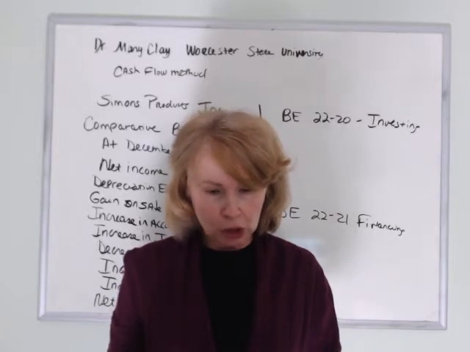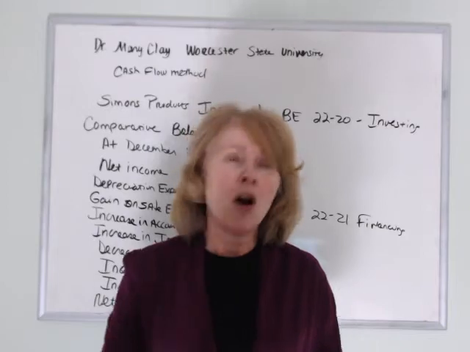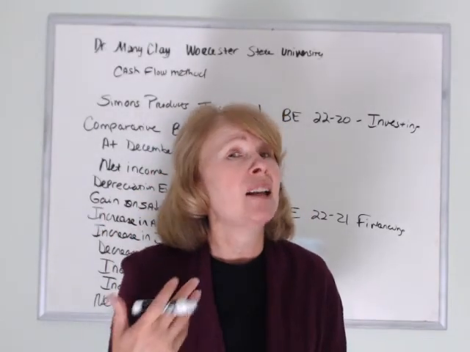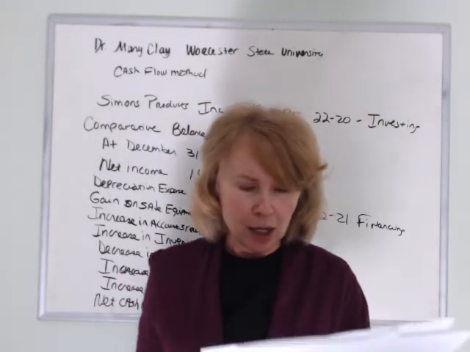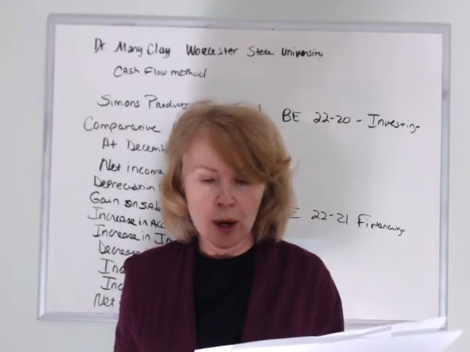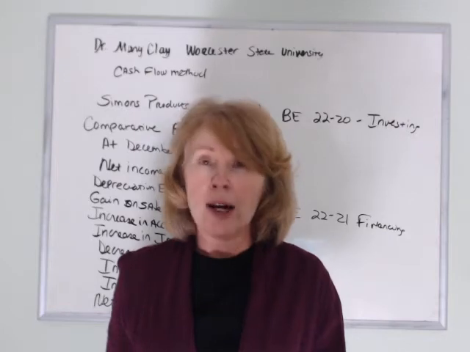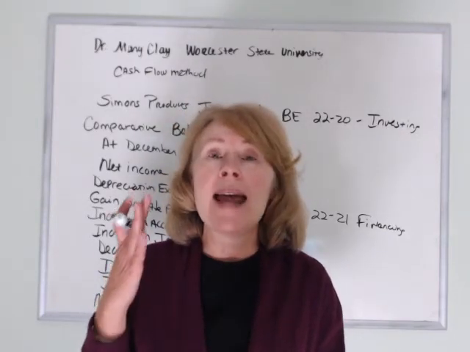So I see property, plant, and equipment. Okay, I'm looking at that. I also look at the bottom of the problem. I'm trying to see if they're telling me anything about this particular problem. Here's what it says. During the year, Simmons Products purchased new equipment for $195. All right, that's going to be an investment. And they purchased, that's going to be a negative.